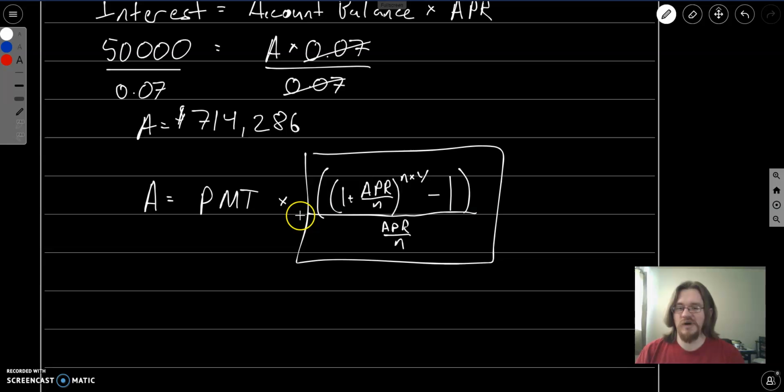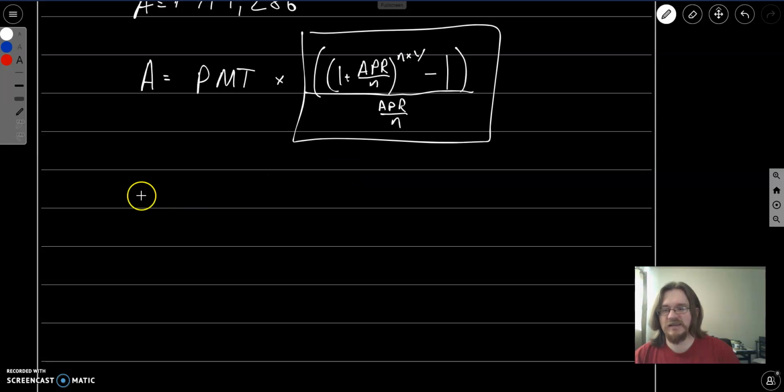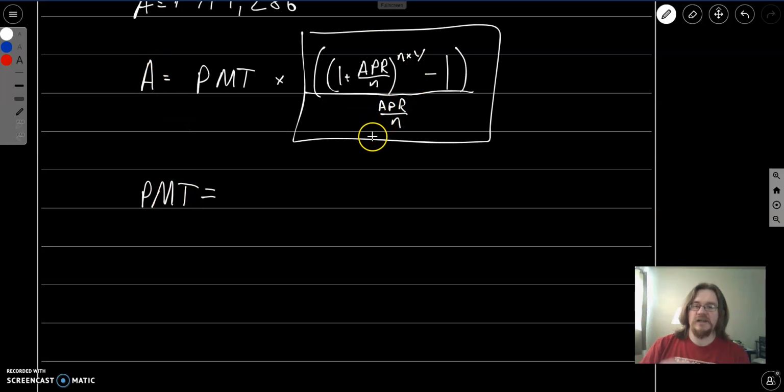Well, how do I undo multiplication? I just divide by that number. So what I want to do is take A and divide it by this fraction. And in the essence of time, I'll just write down exactly what this is. PMT is going to be A divided by this fraction. But if we divide by a fraction, it's the same thing as multiplying it, but flipping it over.